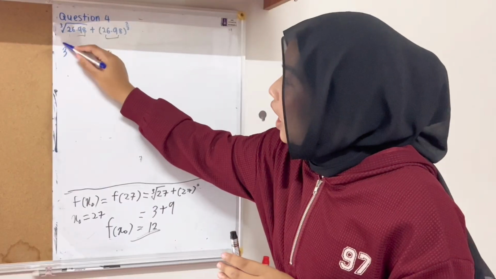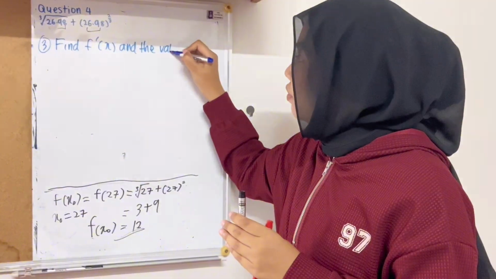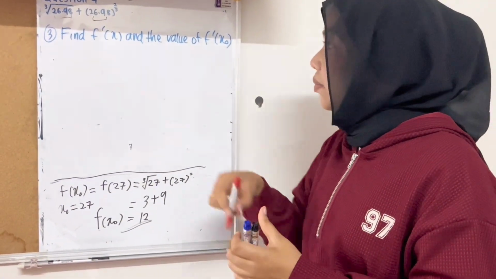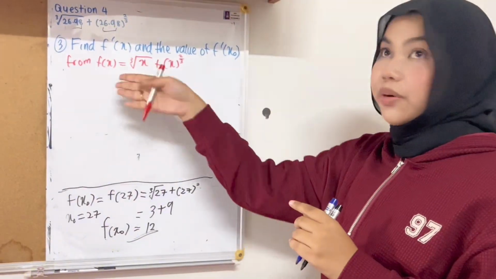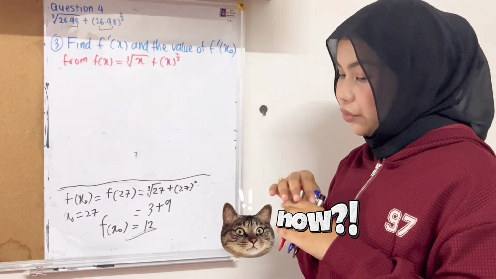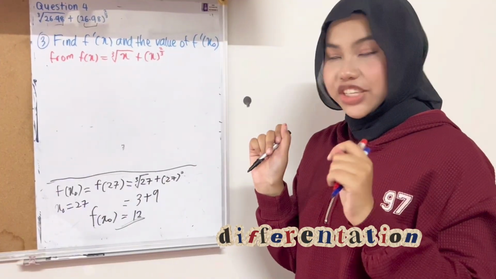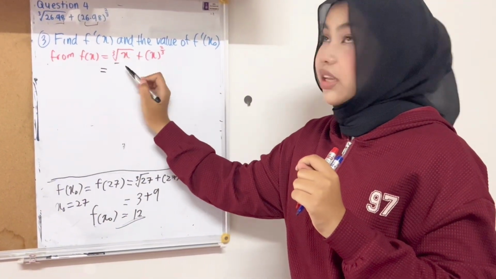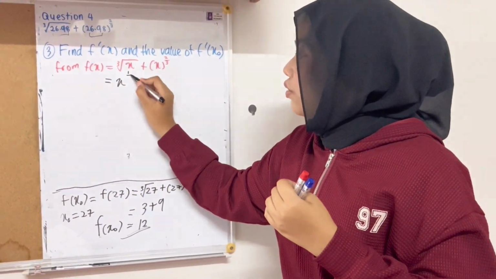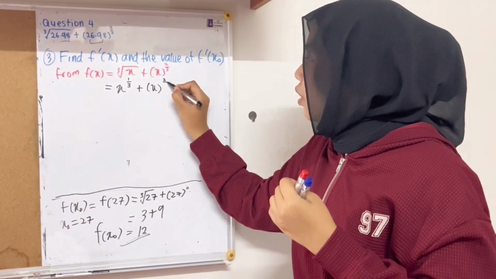For step 3, we have to find f prime x and the value of f prime x naught. To find that, we have to take it from f(x). From this, we can make f prime x. How? Alright, let me show you. We can do differentiation. As you can see, we have to change it like this: 1 over 3 plus x to the power of 2 over 3.